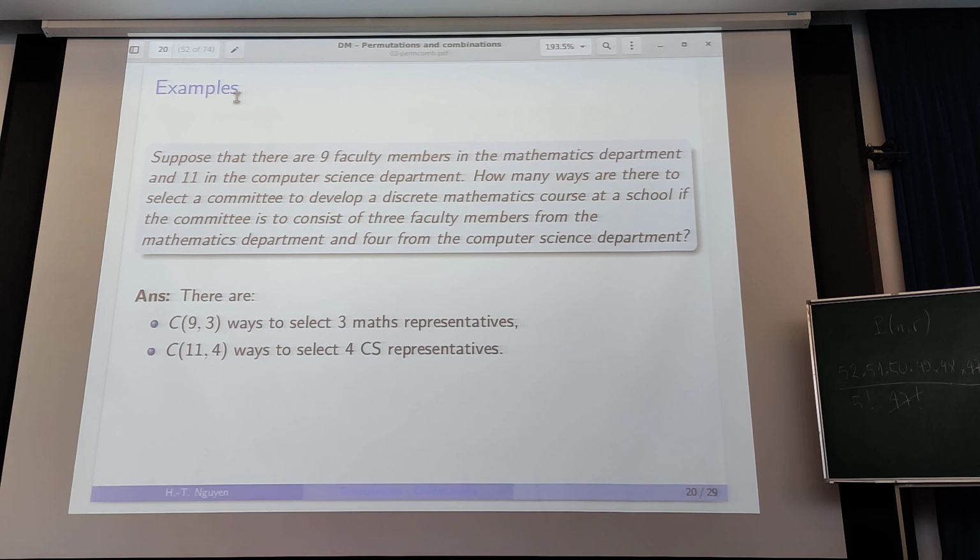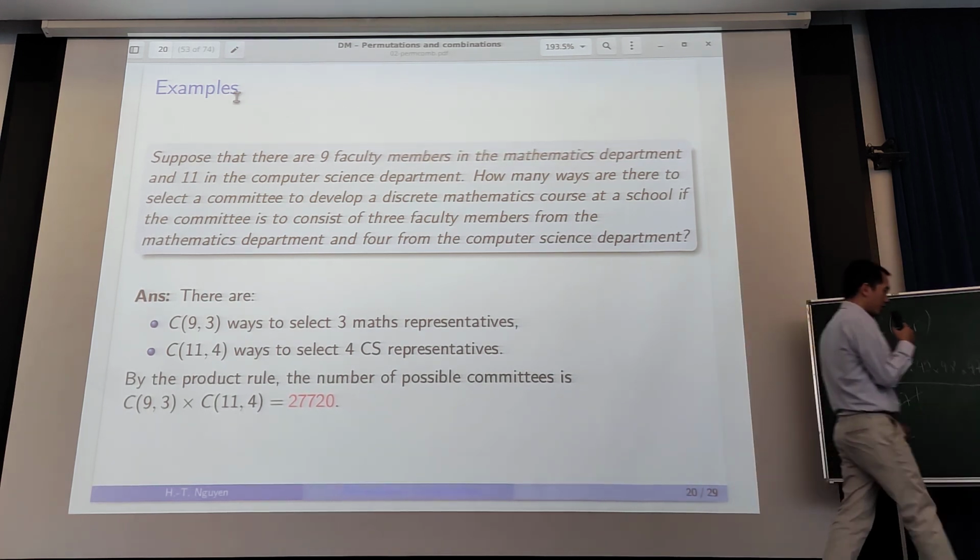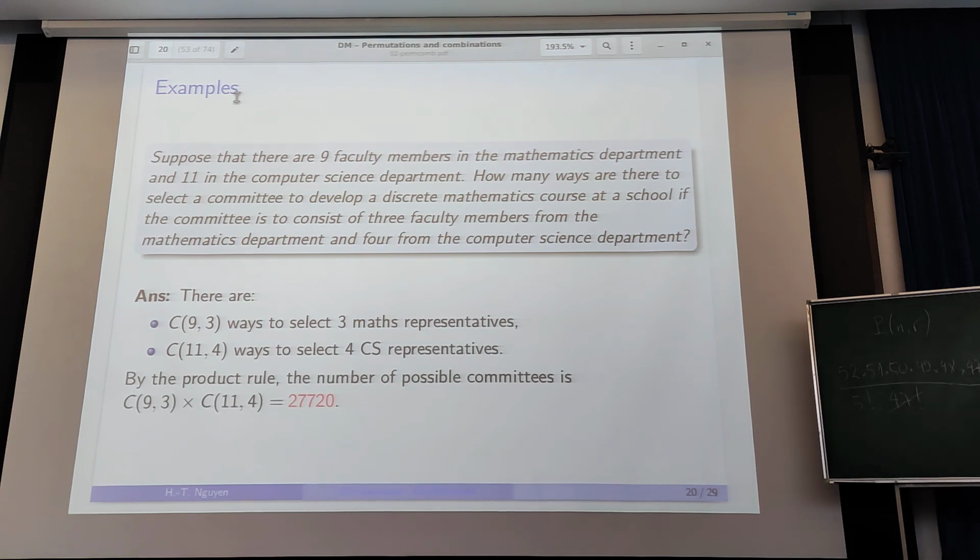Now you have 2 steps which follow each other, so by the product rule, you get the product, and I let you do the calculations. I hope that what I did here is correct. Roughly you have this many possibilities for the committee if you have no restriction on the choices of the members.